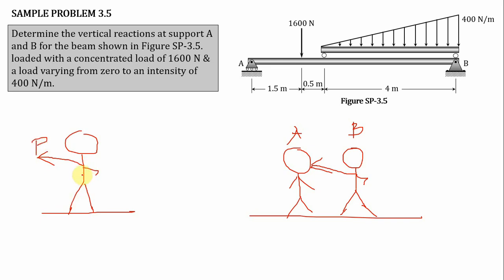And then may weight siya. And then, may reaction yung feet niya. Vertical reaction, due to the surface. This reaction is perpendicular to the surface. Tawagin ko lang siyang R1 at R2.